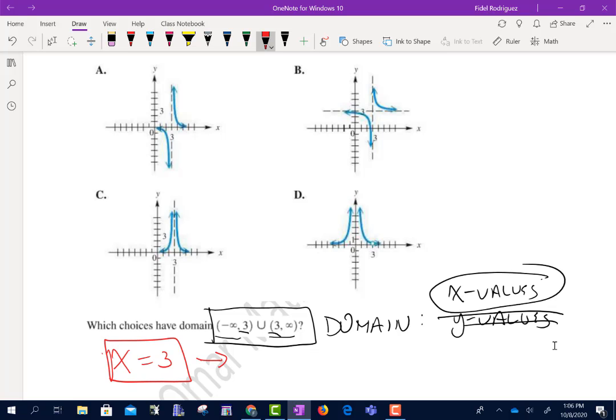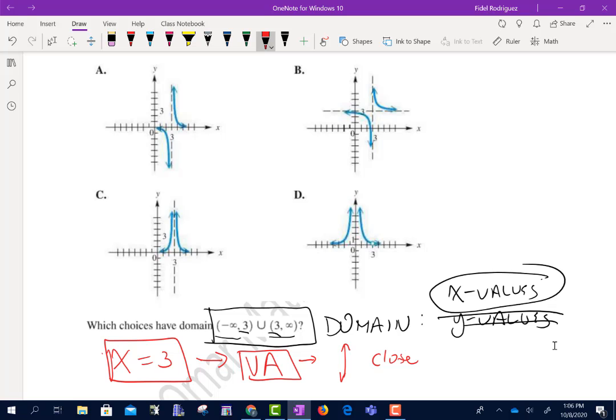That means that that number 3, guys, is what we would call our vertical asymptote. So I like this problem because it shows me the pictures so I can get an idea of what a vertical asymptote really is. A vertical asymptote is going to be a vertical line, a line going up and down, where the graph gets super close to it, but it never actually touches.